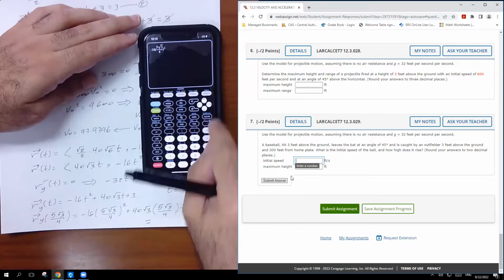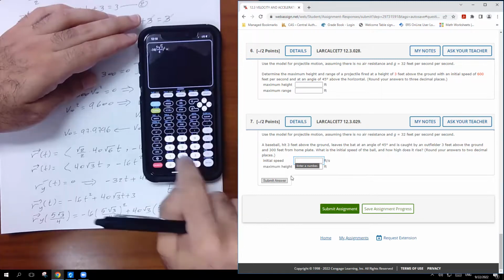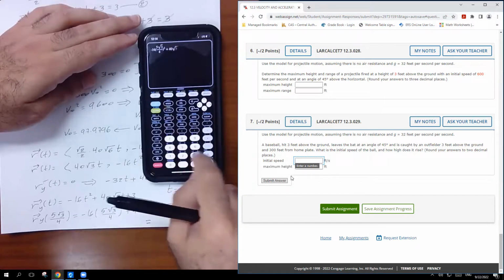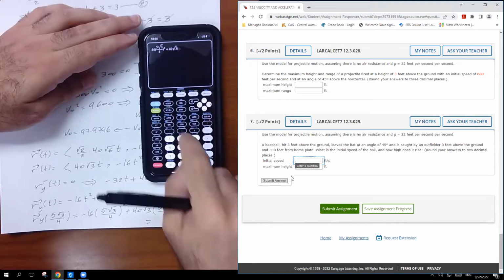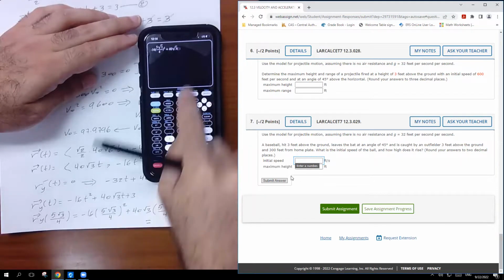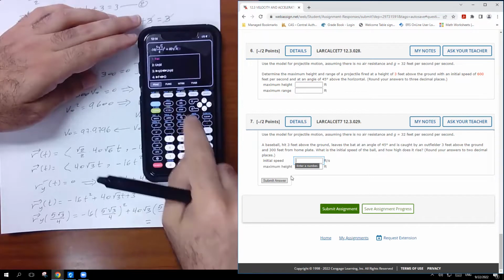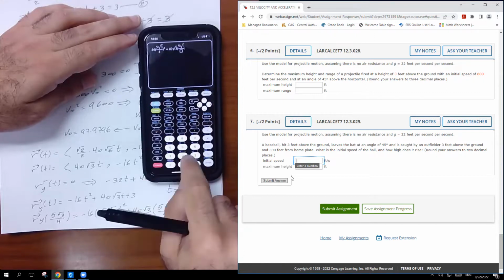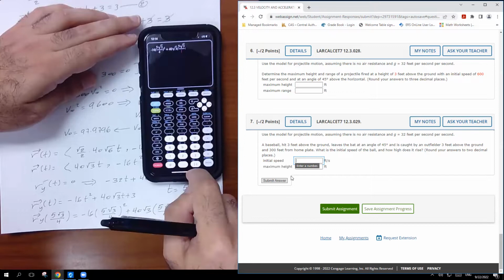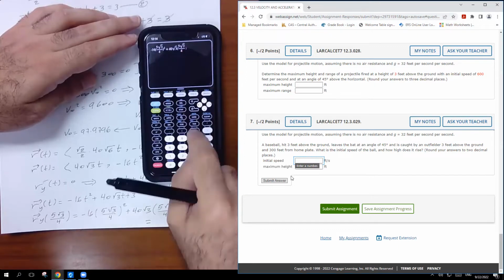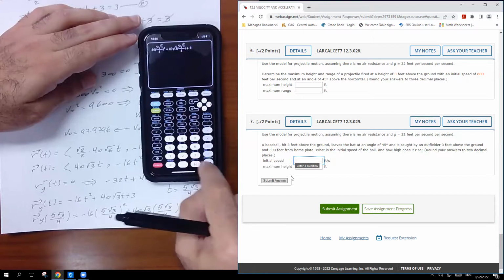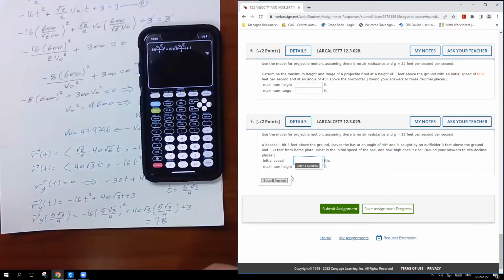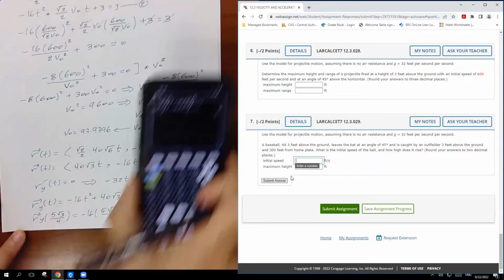Squared. Go down, plus 40 square root of 3, and parentheses. Make sure the parentheses are outside the root. This one, the fraction, also 5 square root of 3 divided by 4. Close the parentheses, and everything is plus 3. The result is going to be 78. This is the maximum height.